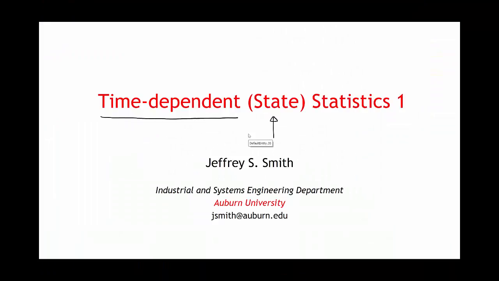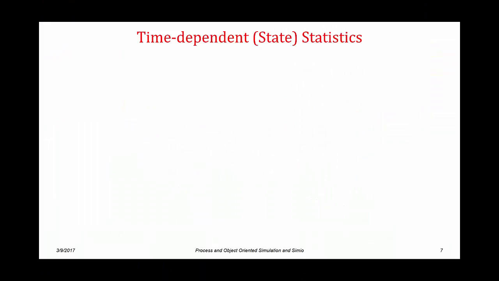Looking at that statistic, what we're measuring, we can think of this as a time function. Let's look at a table here, and say that we're going to observe the number in system at time t. Our system starts running, and let's assume this is time 0. It runs for a while. The first entity arrives, then it runs for a little while. Let's say the second entity arrives, runs a little bit longer.